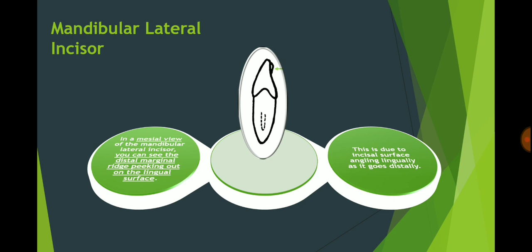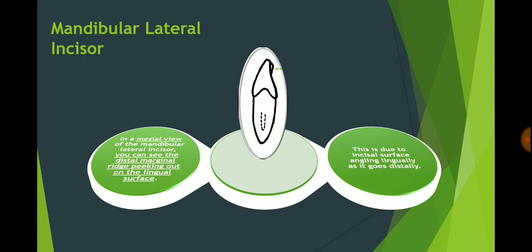When you come to the mesial view of the mandibular lateral incisor, you can see where the green arrow is pointing. Because of that twisting of the crown on its root, you can actually see something you're not supposed to see if it were straight. In a proximal view, you wouldn't see the incisor edge of the other side.